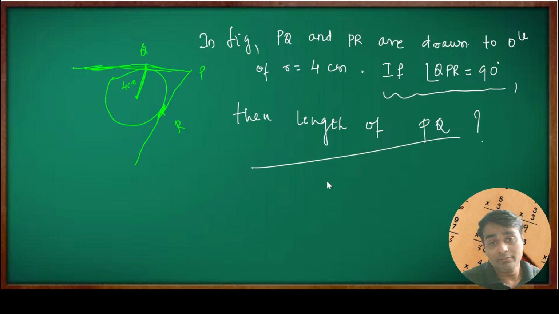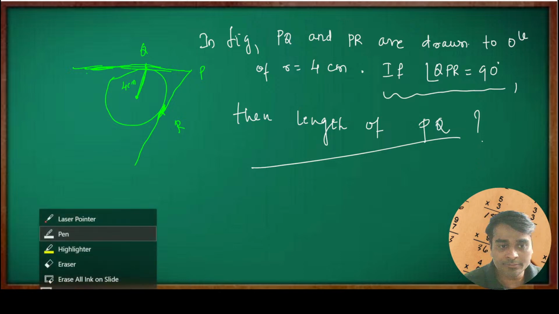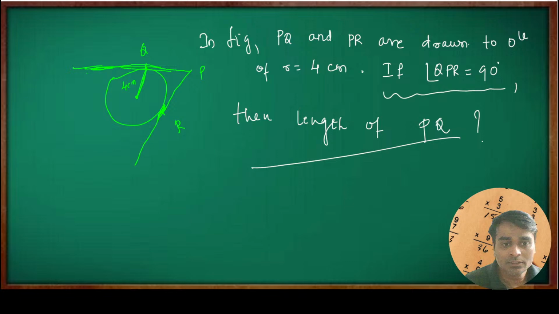How will you deal with such questions? So see, this is our O, the center. Let me make it a triangle. Suppose PQ is one side, then OQ is another side.